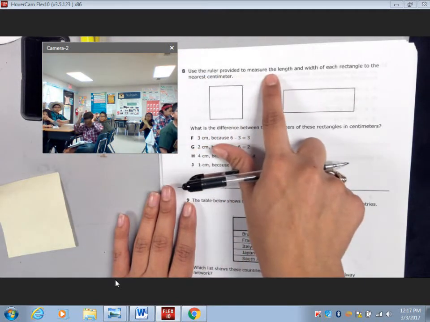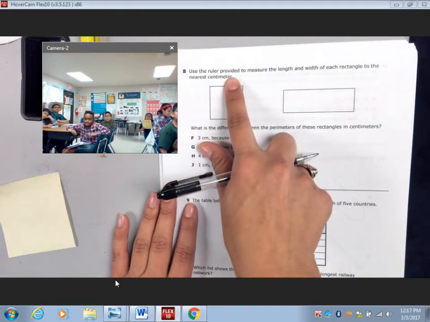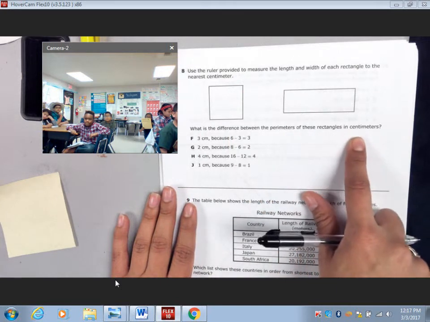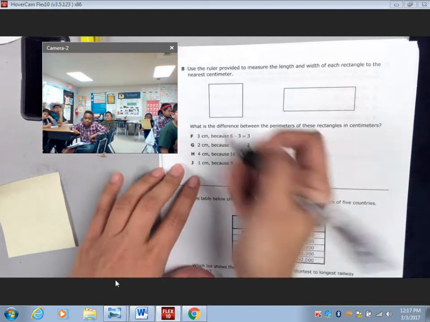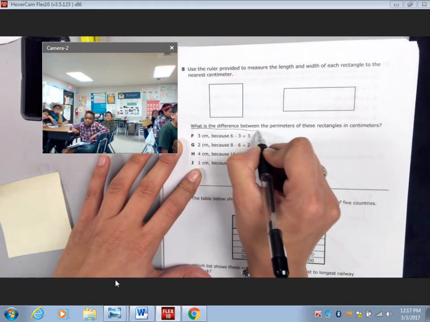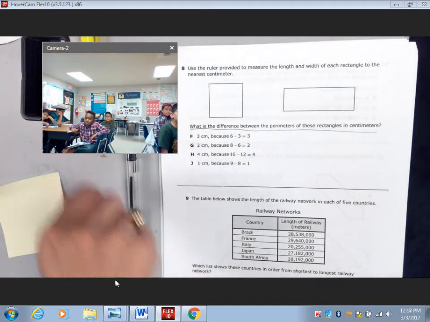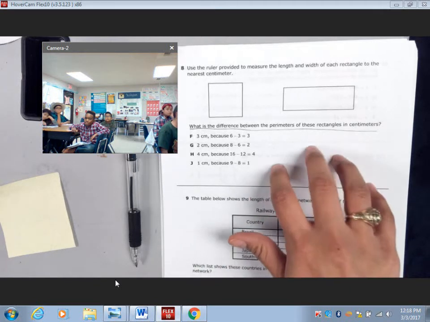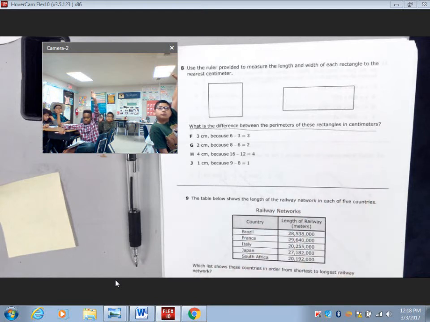Says, use the ruler provided to measure the length and width of each rectangle to the nearest centimeter. What is the difference between the perimeters of these rectangles in centimeters? Okay. Gonna underline what is the difference between the perimeters of these rectangles in centimeters. So because it's not really a wordy problem, we don't have to do an is chart. What are some key words that I can highlight here or information?